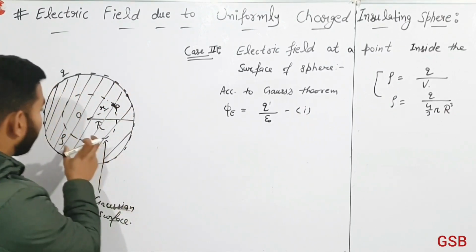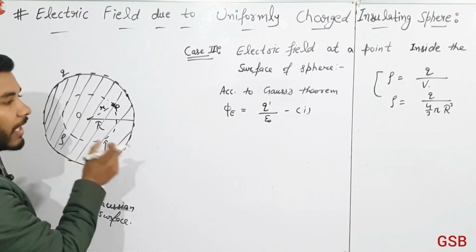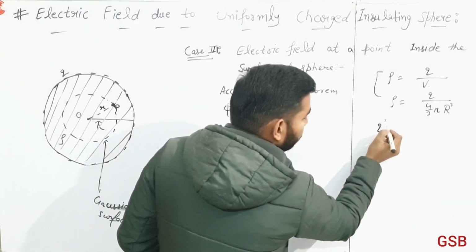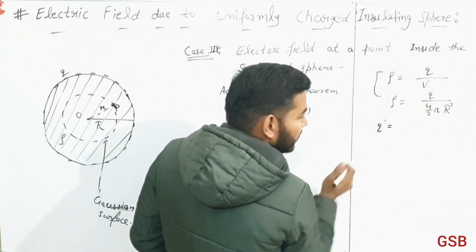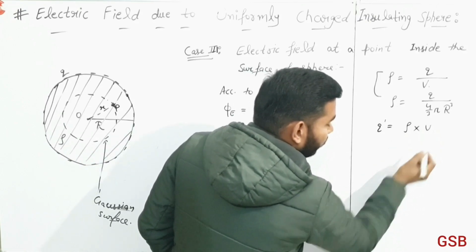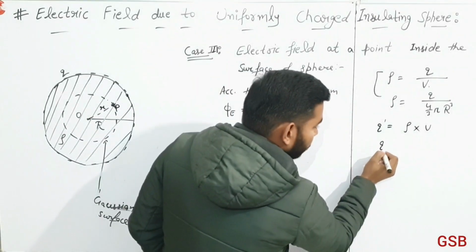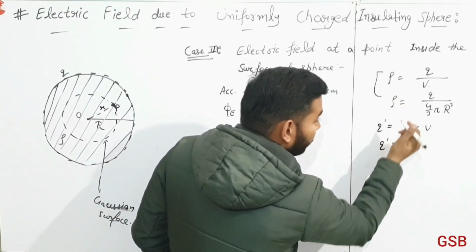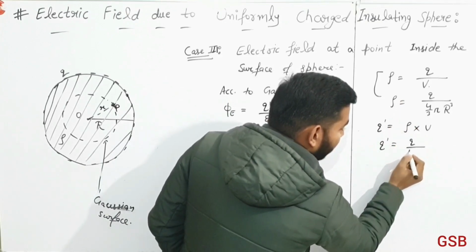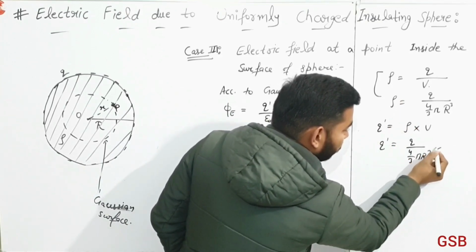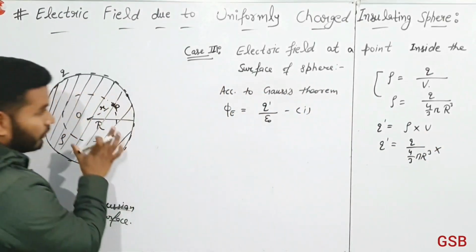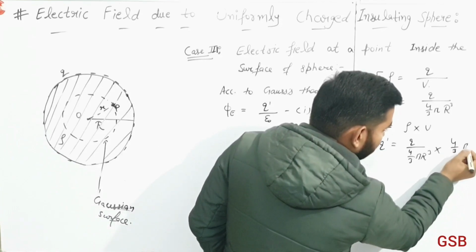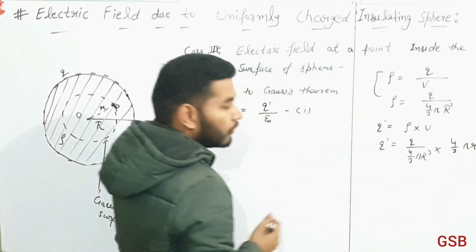Now, what is the value of Q dash? From this definition, Q dash is equal to rho into V. The value of rho is Q by 4 by 3 pi R cube, and the volume of the small sphere is 4 by 3 pi r cube.